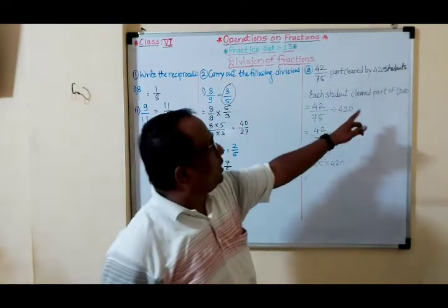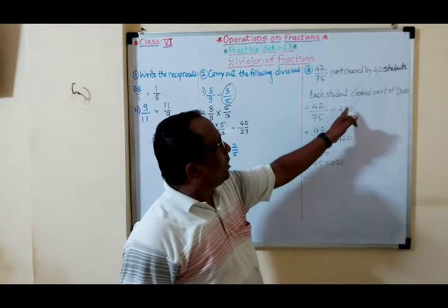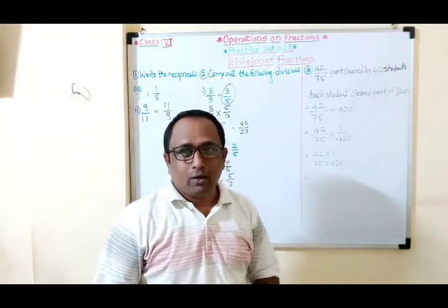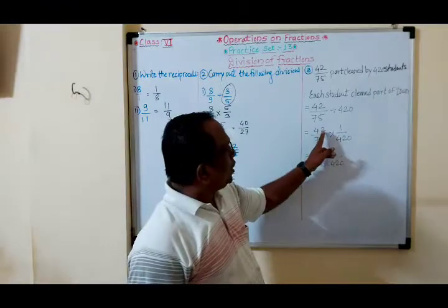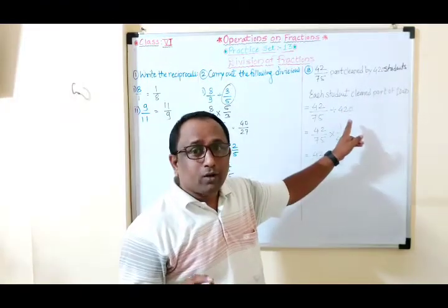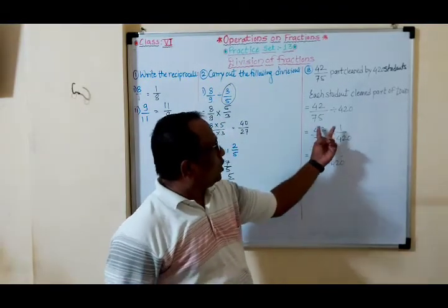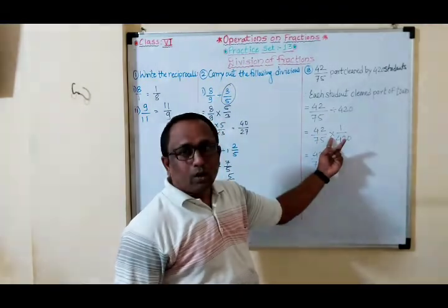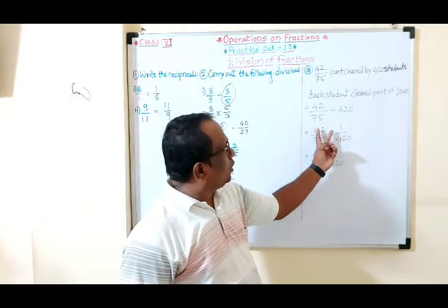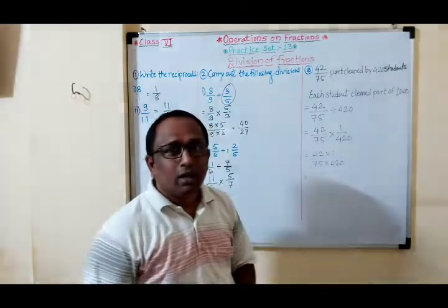Now each student cleaned a part of the town: 42 upon 75 divided by 420. Okay, now what is the reciprocal or multiplicative inverse of 420? That is 1 upon 420. So now we have to do multiplication here. So 42 multiplied by 1 and 75 multiplied by 420.